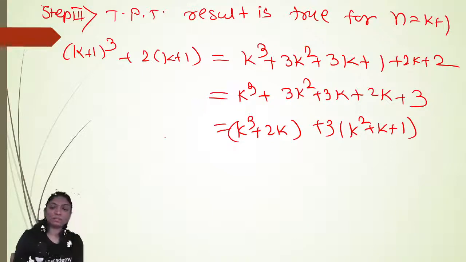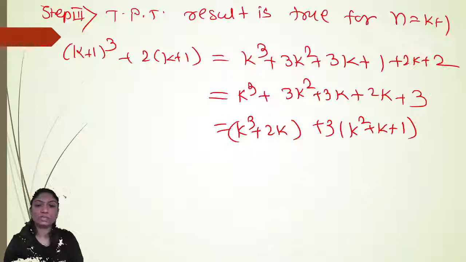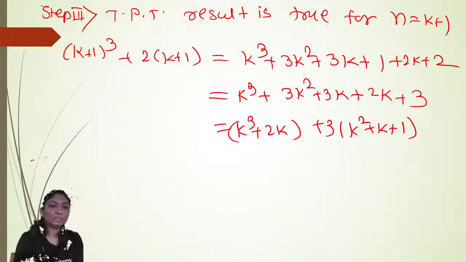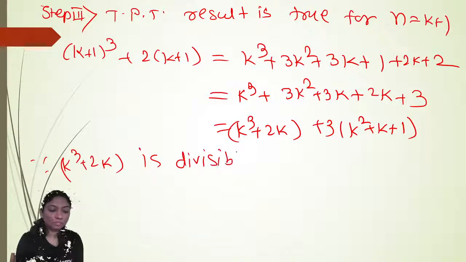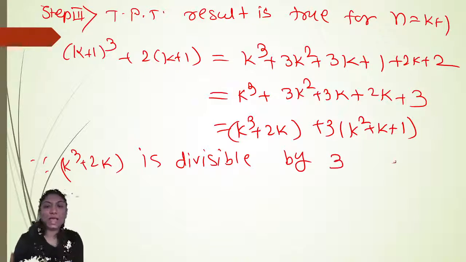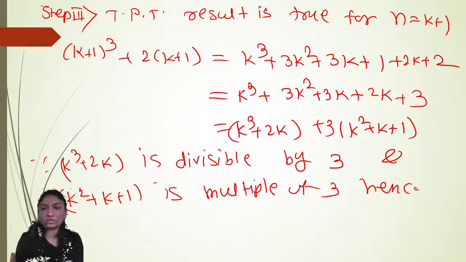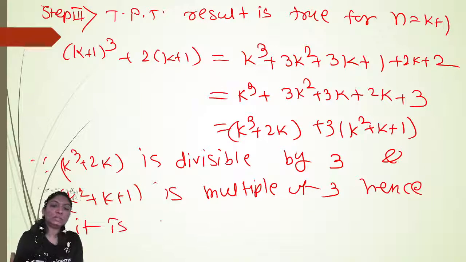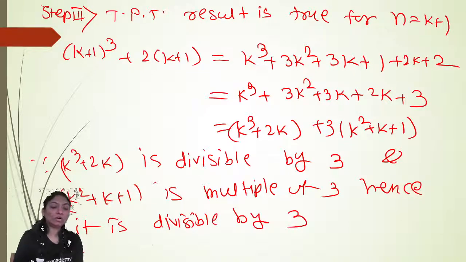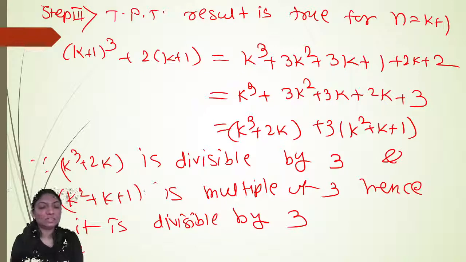As we have seen, by induction hypothesis k cube plus 2k is divisible by 3, right? And 3 into k square plus k plus 1 is a multiple of 3, hence it is also divisible by 3, and the sum of numbers which are divisible by 3 is again divisible by 3.